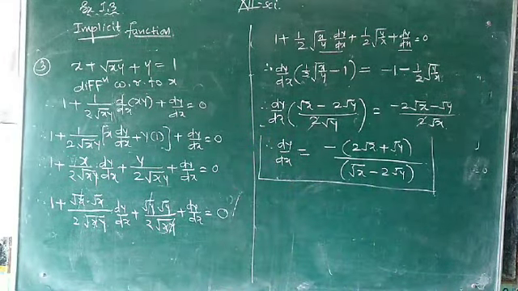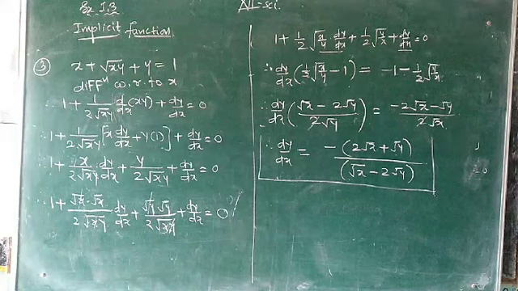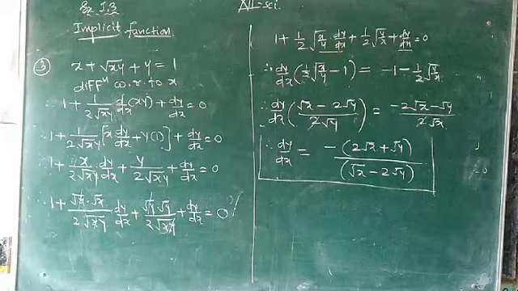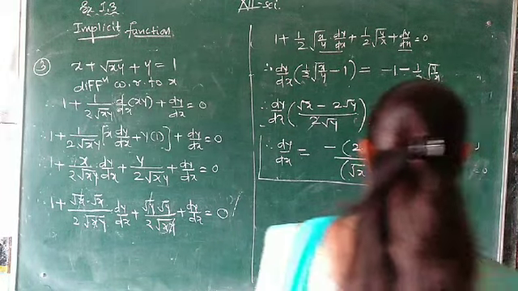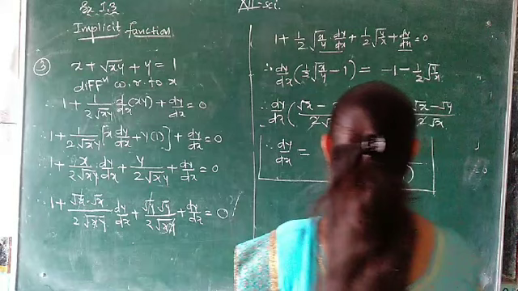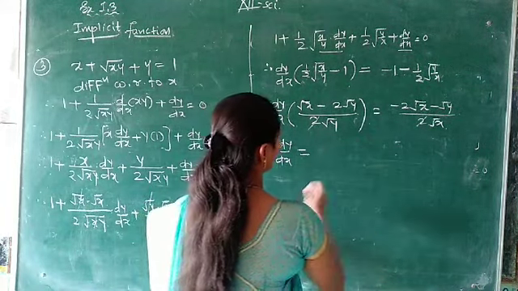Now next question, question number 4. x and root y is remaining part. dy upon dx.